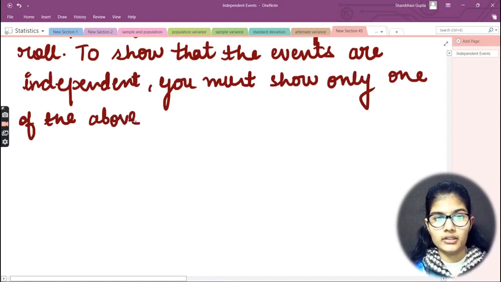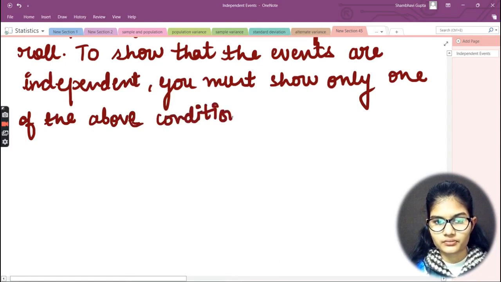Here above go the conditions. So to show that the events are independent, you must show only one of the above conditions.